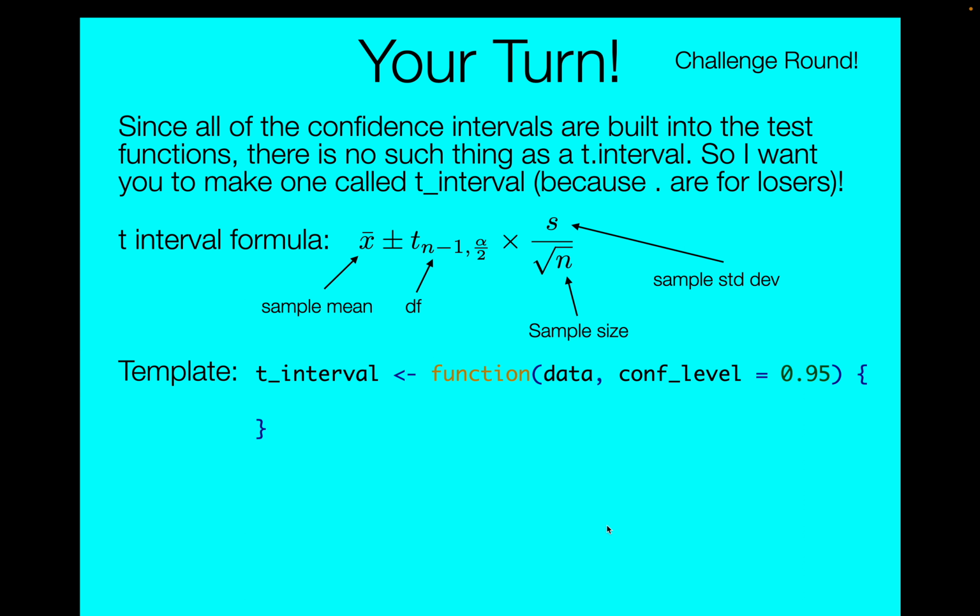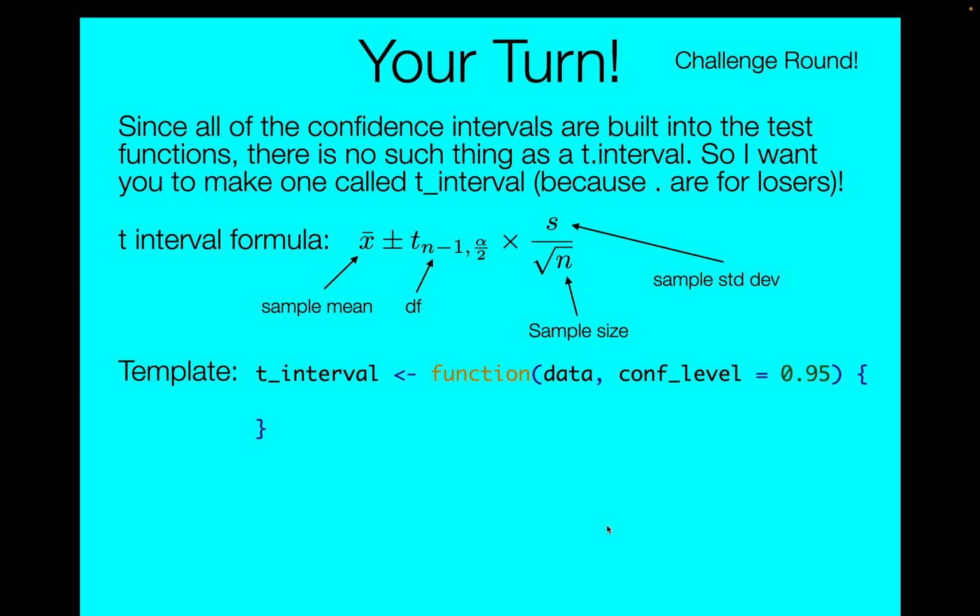Okay, and so I define everything up above in the formula. X bar is the sample mean, so the mean of your data here. So mean of data is the sample mean. S is the sample standard deviation, so the standard deviation of data.